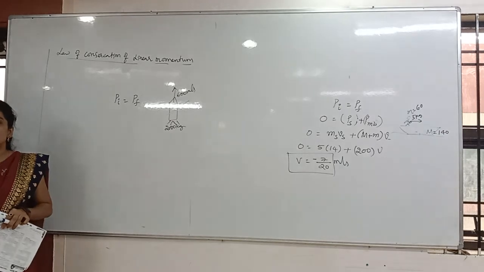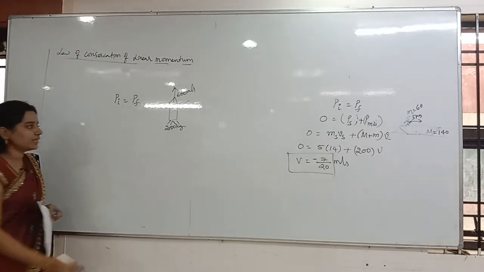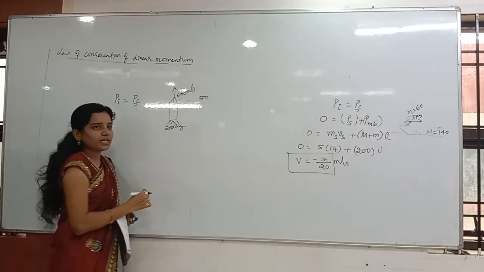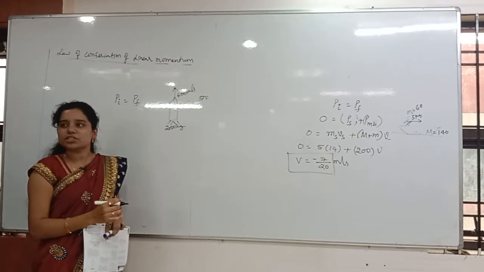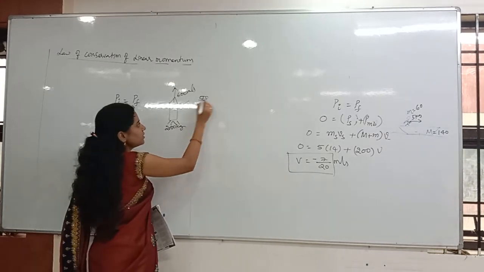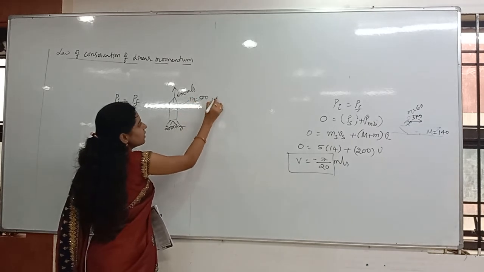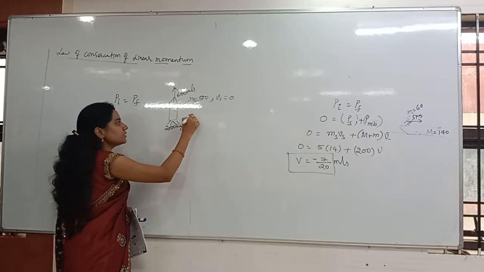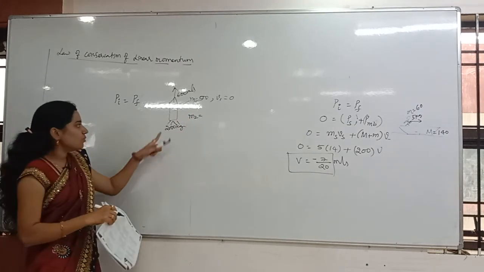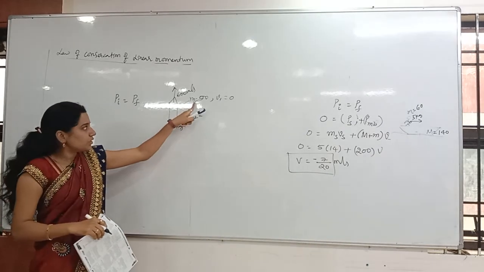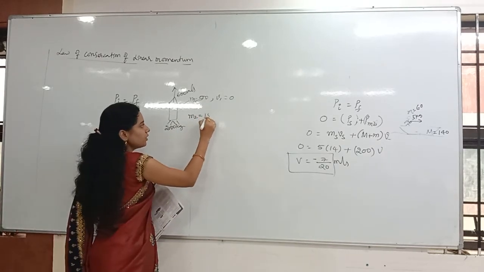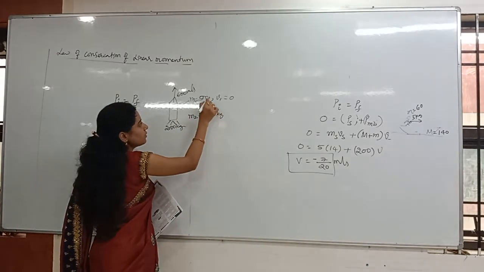One of the pieces has mass 500 kg, and it comes to rest, so its velocity is 0. Let me take this as m1 with velocity v1 equal to 0. Then m2 is how much? Totally 2000, 500 is gone, so 1500 kg is remaining.